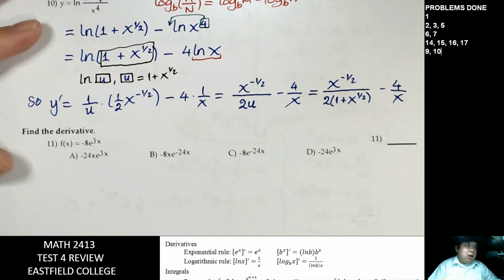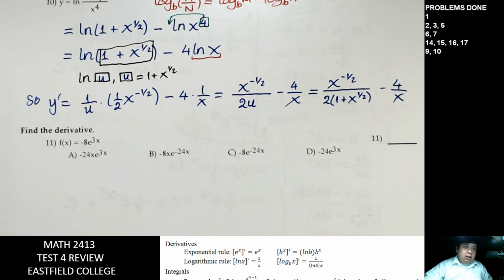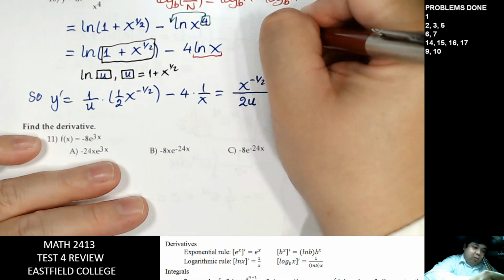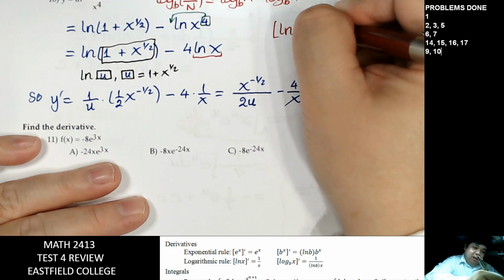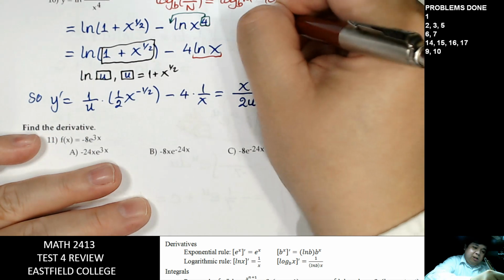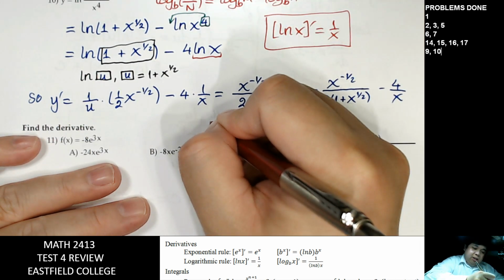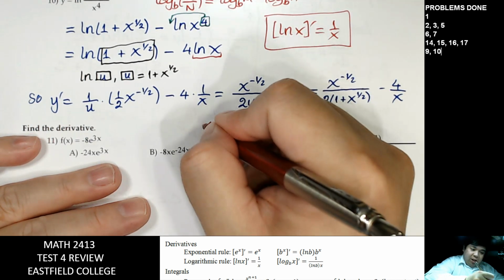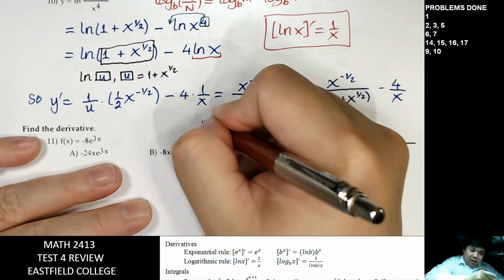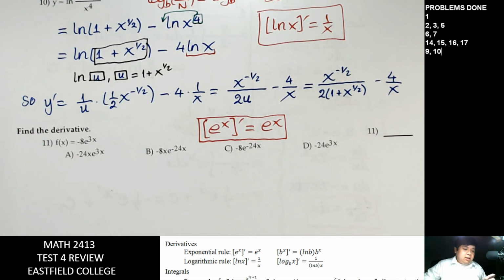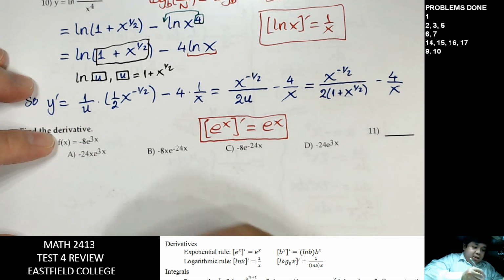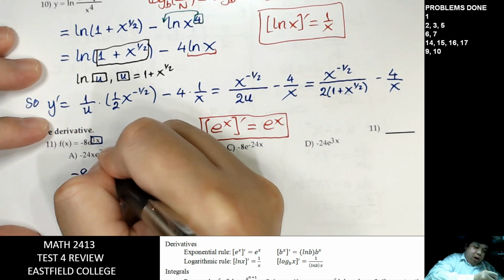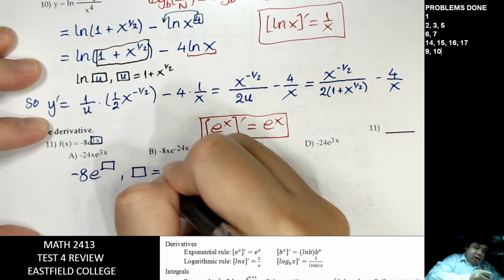Now we have the derivative of an exponential function. So derivative of ln of x, I should write that somewhere. And derivative of e to the x is the same thing as e to the x. So we take the derivative of this. We use the little chain rule here. Negative 8 e to the box, where the box is 3x.